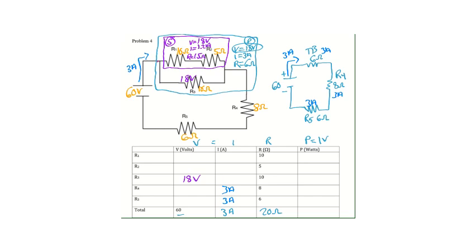Well, the purple box is covering up R1 and R2, and because if you go through R1, you must also go through R2, they are in series. So the purple box is a series circuit. If you check your rules in a series circuit, what is constant? And the answer is current, which means that both R1 and R2 must both get the full 1.2 amps of current.